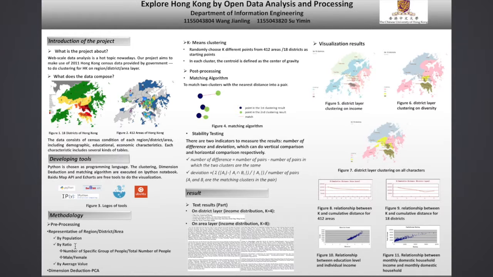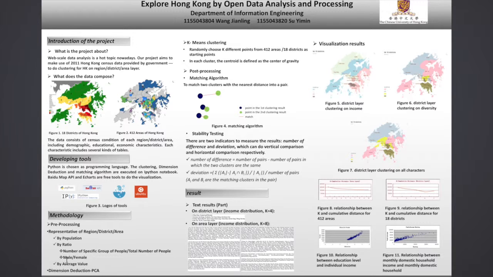The reason why we want to use the ratio between male and female is that intuitively we believe that this ratio will be approximately 1 in a certain region or in a certain district or area, but in reality it's not always the case. So we think that the ratio between male and female can represent some special characteristics of the district or area.